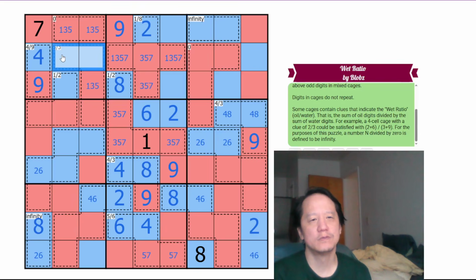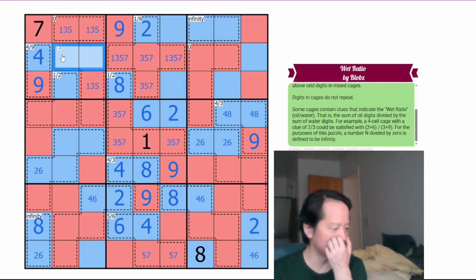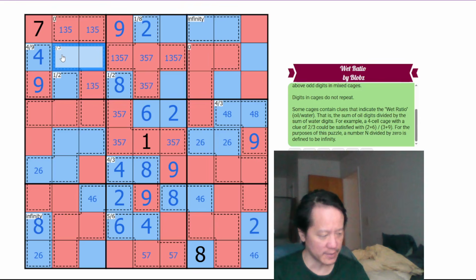Therefore, it has to be 5 times 2. Cannot be 5 times 3. That's an odd sum. And 5 times 4 is 20, which 2 digits can never add up to.